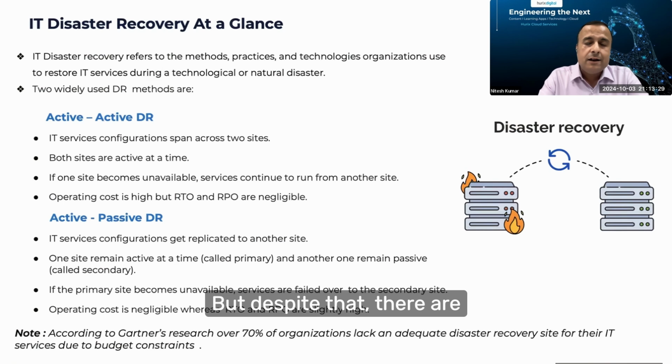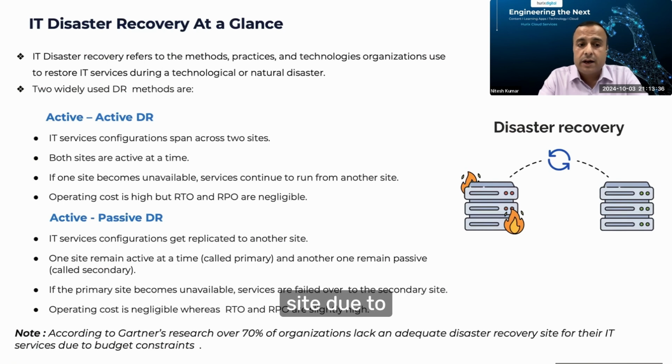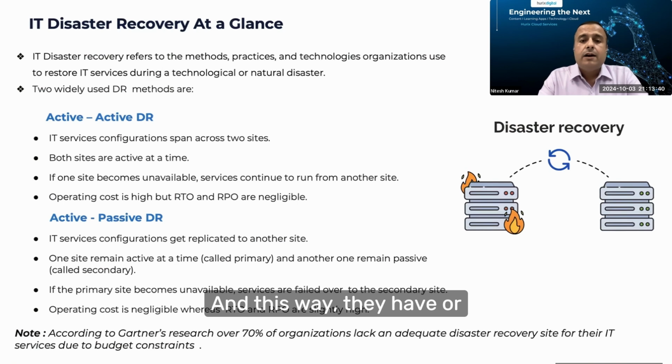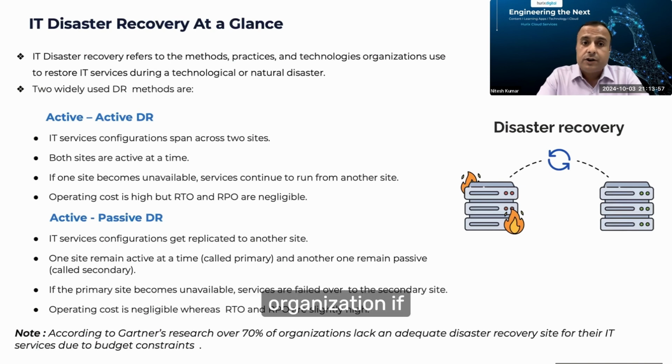But despite that, almost 70% of organizations do not have an adequate disaster recovery site due to budget constraints. And this way, they are exposing their businesses to numerous risks. So let's move to the next part of our discussion and talk about what those risks are and how much it can cost a business organization if a disaster happens.